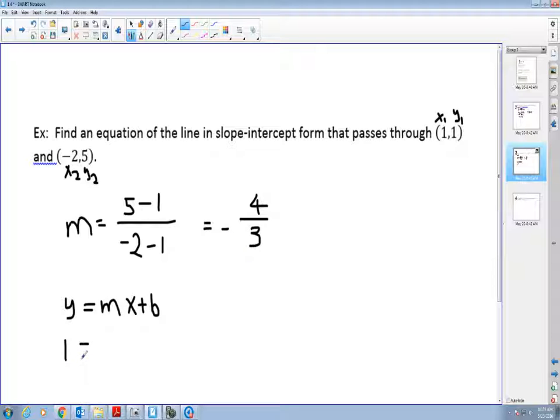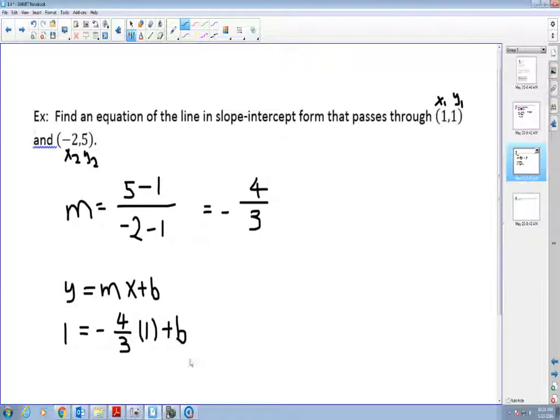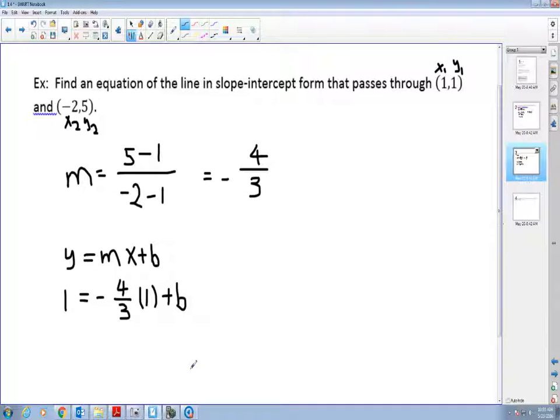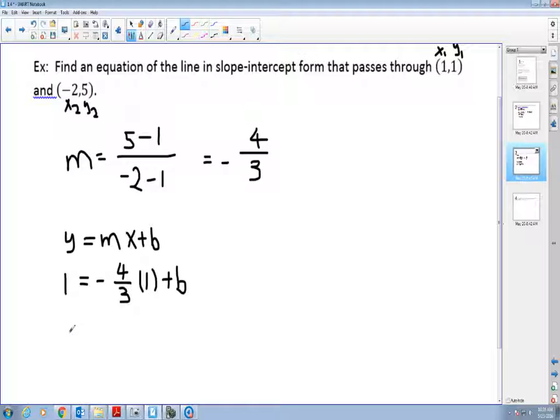That will give me 1 equals -4/3 times 1 plus b, and we can solve for b again. -4/3 times 1 is still -4/3, so that will be 1 equals -4/3 plus b.